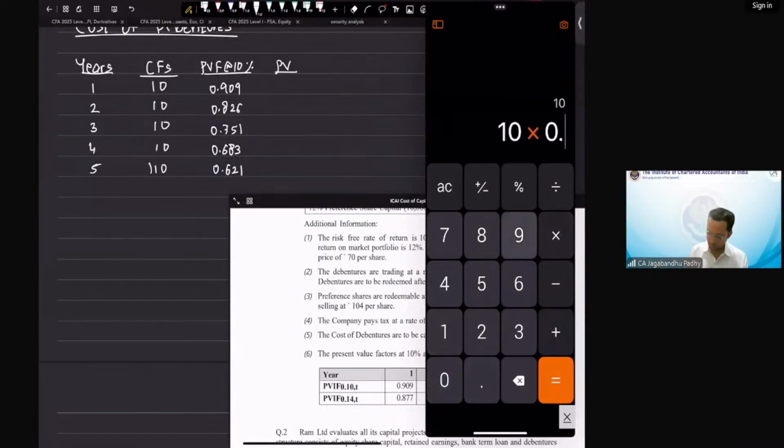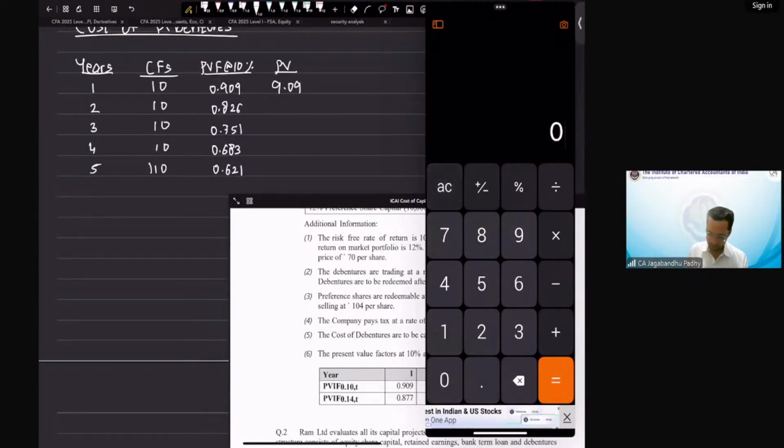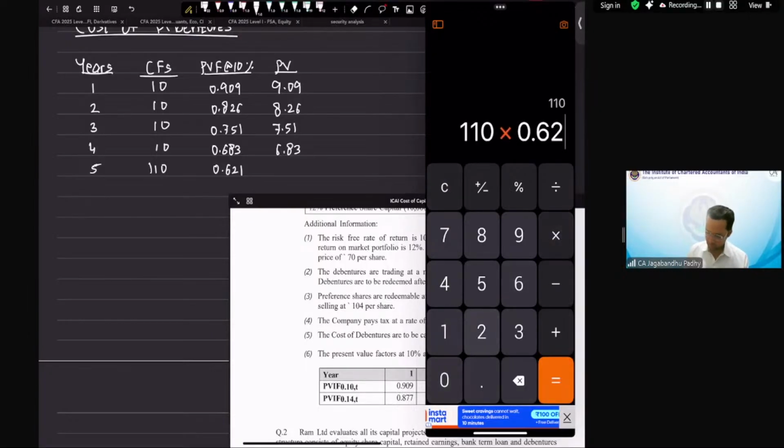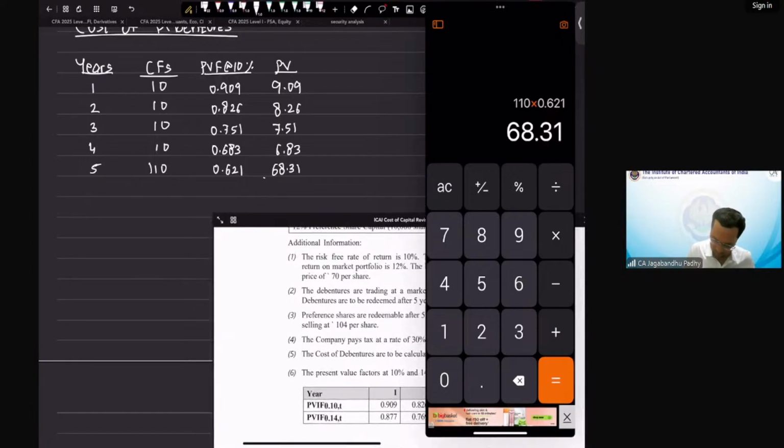10 into 0.909, which is of course 9.09. Then 8.26, 7.51, 6.83, and then finally it is 110 into 0.621, which is 68.31. And then we take a total of all the present values.